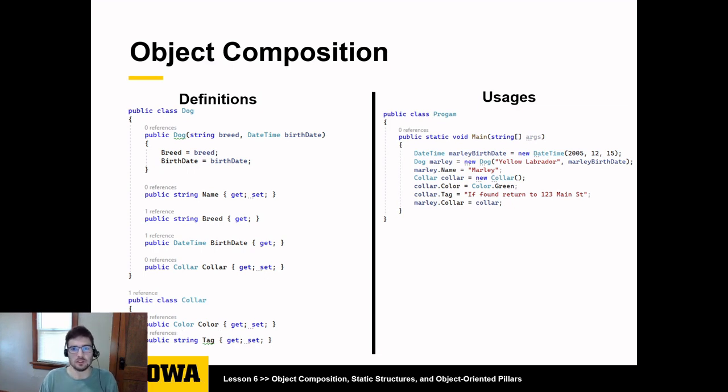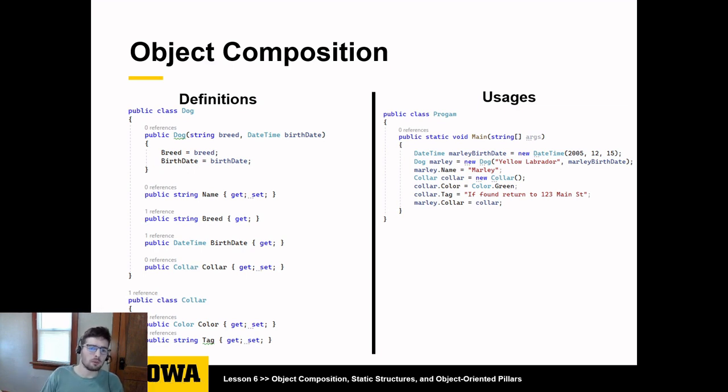So your color object probably contains an integer value for red, an integer value for green, and an integer value for blue, and that's what makes up a color object, something like that. So here we're combining the definition of a collar within the definition of a dog.